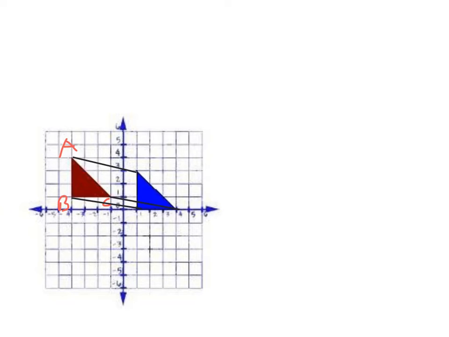Since this new triangle is the image, its vertices will be known as A prime, B prime, and C prime, with little apostrophes being noted as prime. So you can tell which one is the preimage and which one is the image, because the image will always have the prime marks.